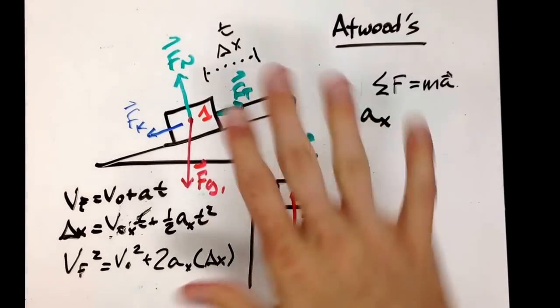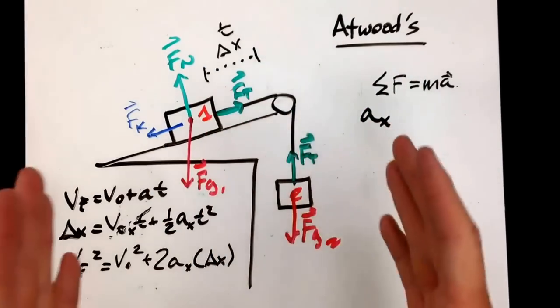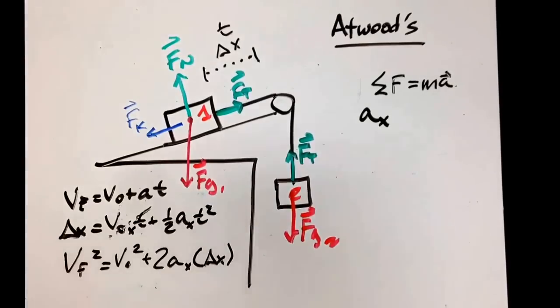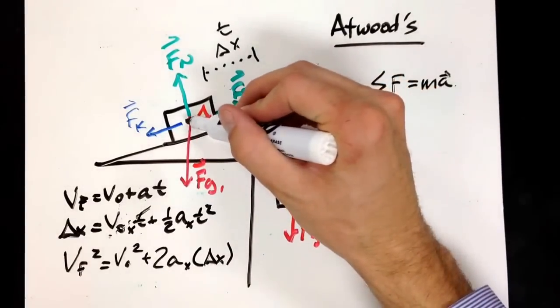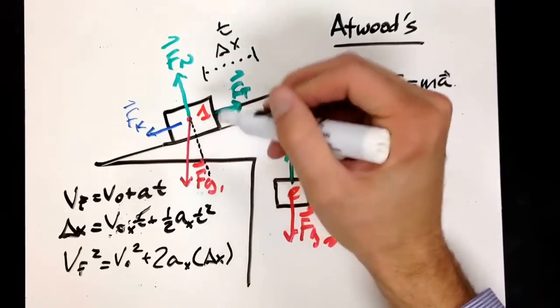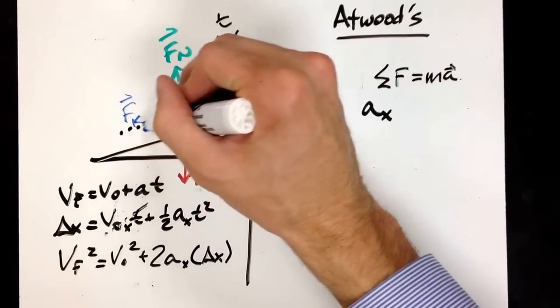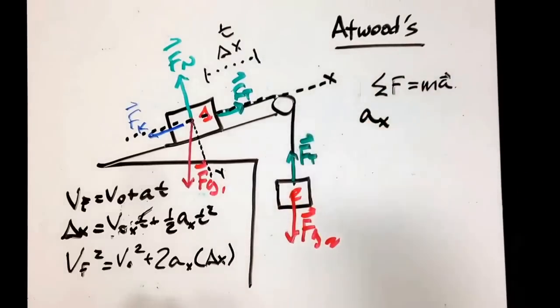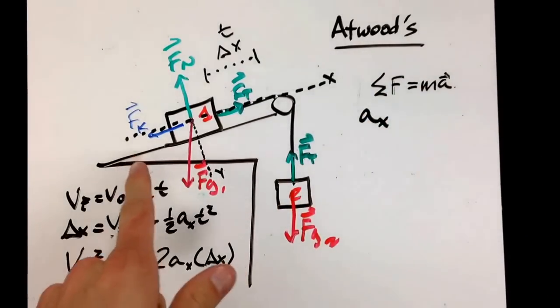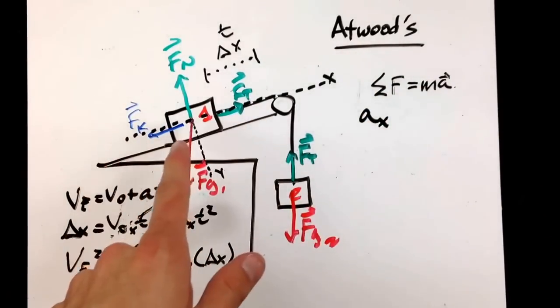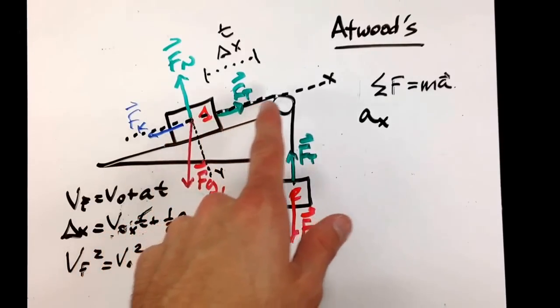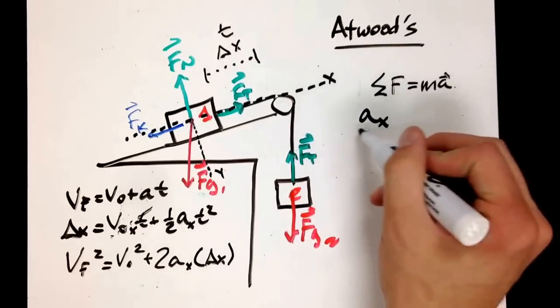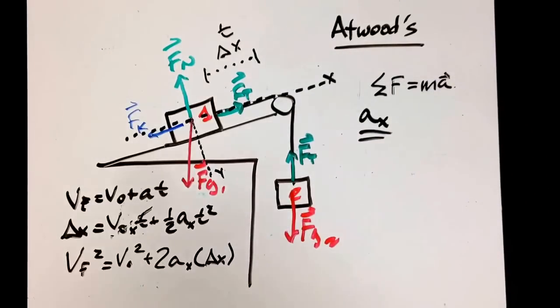Now, this AX, what we do, if you remember, is we make our normal force our y-axis. And we make the ramp itself the x-axis. Which means friction is on our x-axis, and this block is accelerating straight up the ramp, which means it only has an x acceleration.